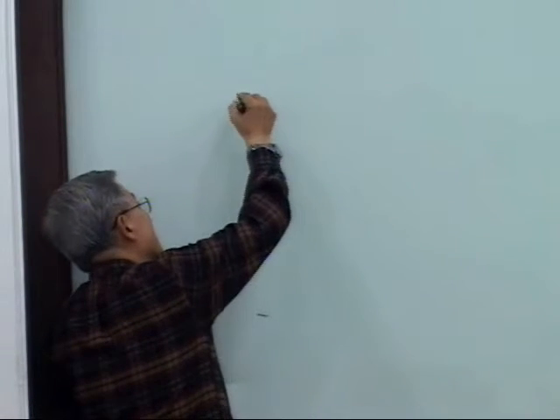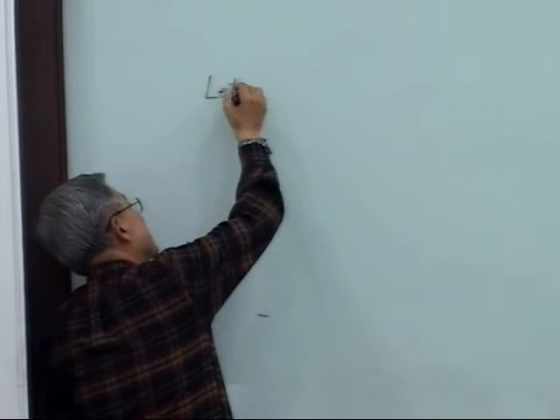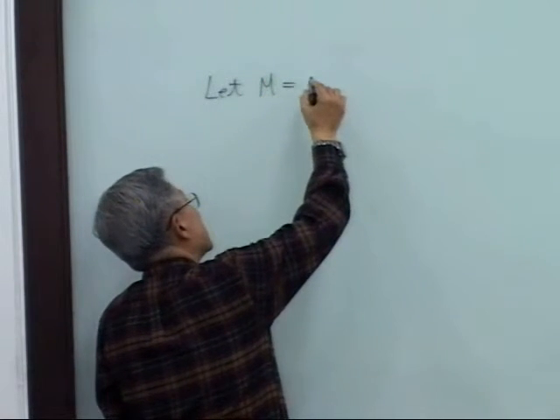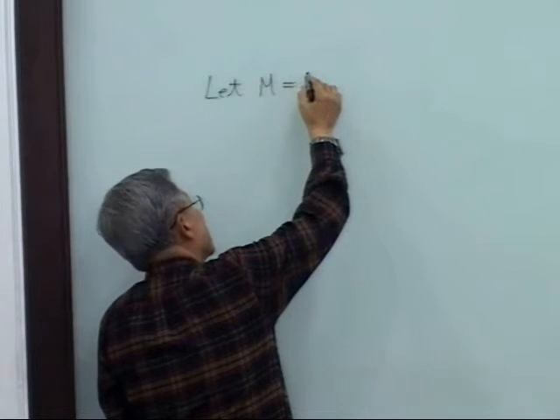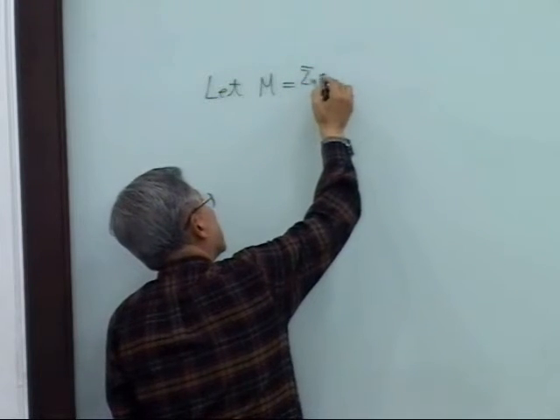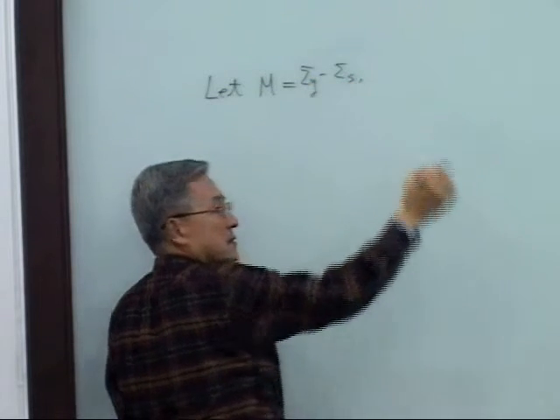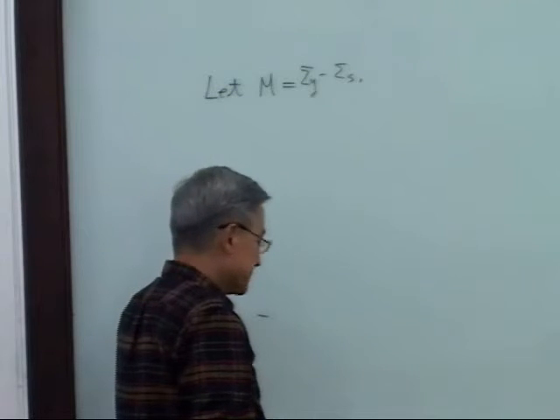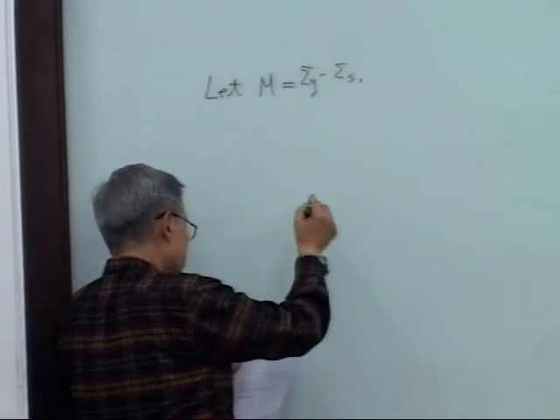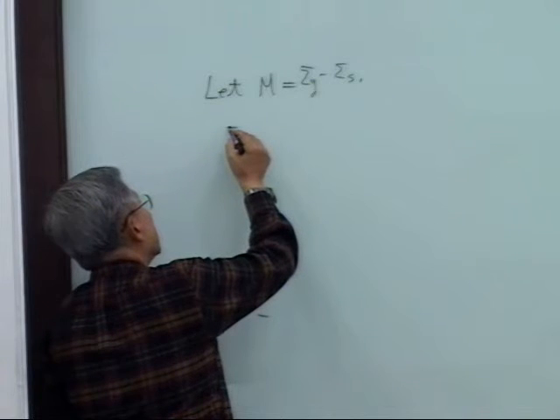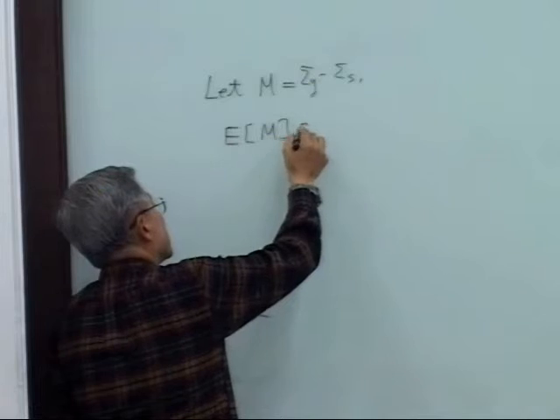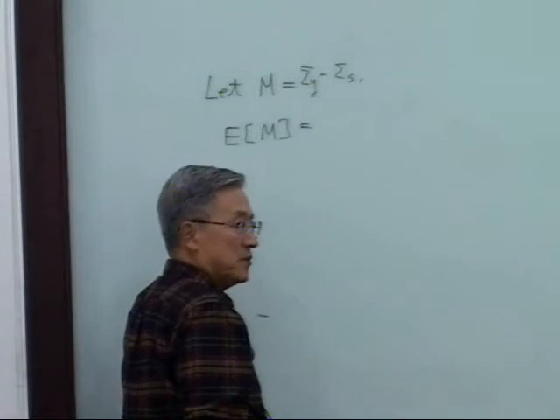So now, the safety margin calculation. So sigma y, you have to say let, right? Margin, safety margin. What's the mean of the safety margin in terms of the random variable?